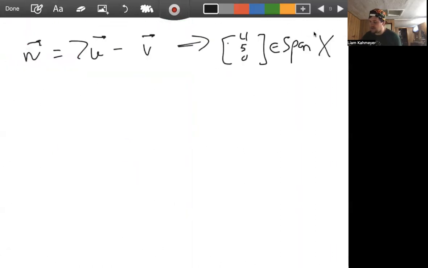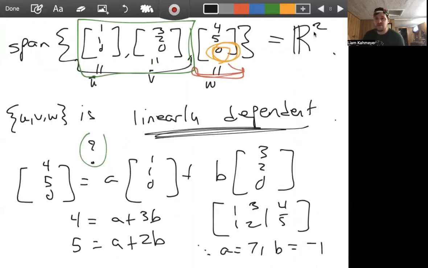This is that notion of linear dependence here. It's like, well, we added this vector and it didn't do anything for us.